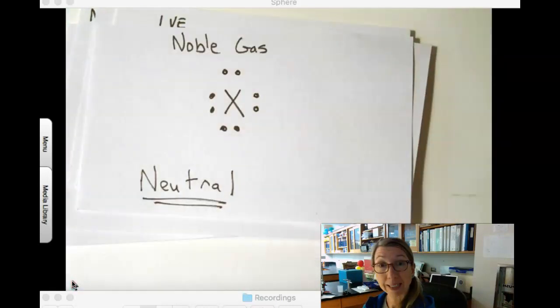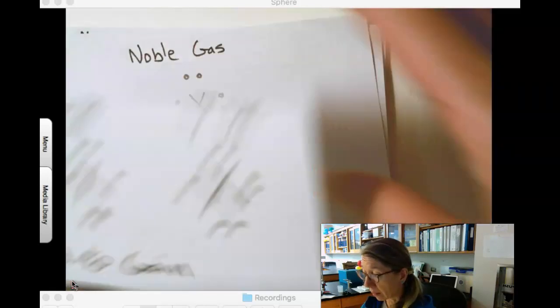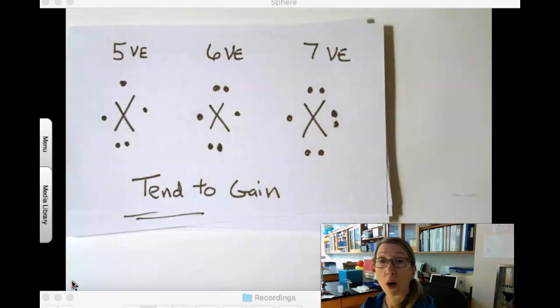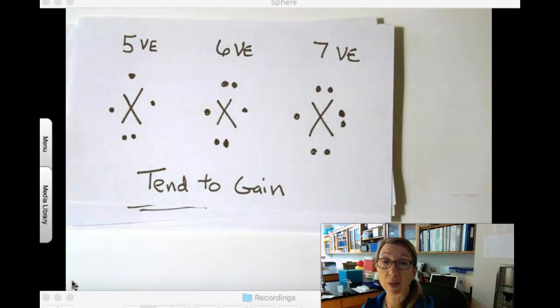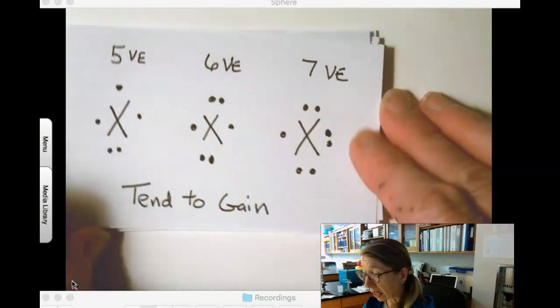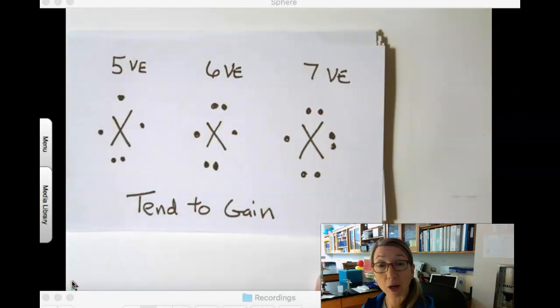The noble gases that are already filled, they have 8, so they are neutral and they will not tend to get a charge. But our groups with 5, 6, and 7 valence electrons tend to gain electrons, and so they will have a negative charge. They will have more negative charges than positive charges. That's hard for people to wrap their head around, that they will have a negative charge.